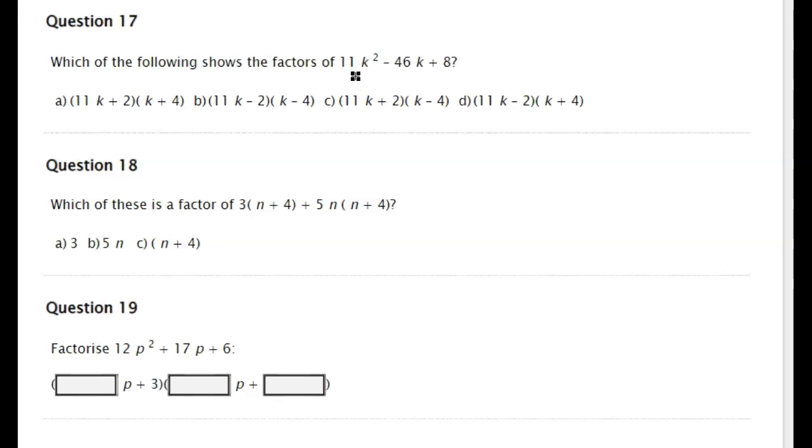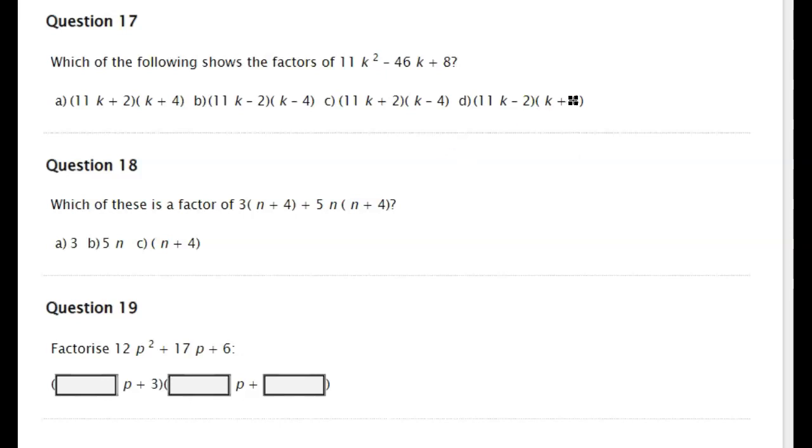Now to factorize these, I've only had one student so far tell me you can use the quadratic formula, and that's very true. You can use the quadratic formula for any quadratic, but we're not going to use it here. We're going to use what you've been taught in the textbook, but when we get to solving, the second part of chapter 5, you'll be introduced to the quadratic formula.